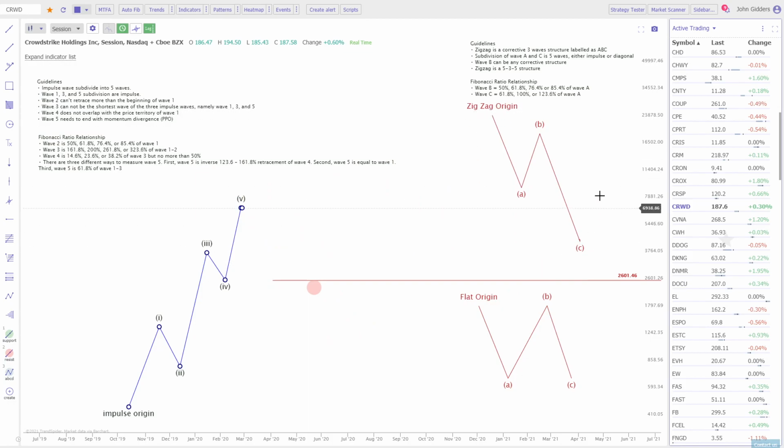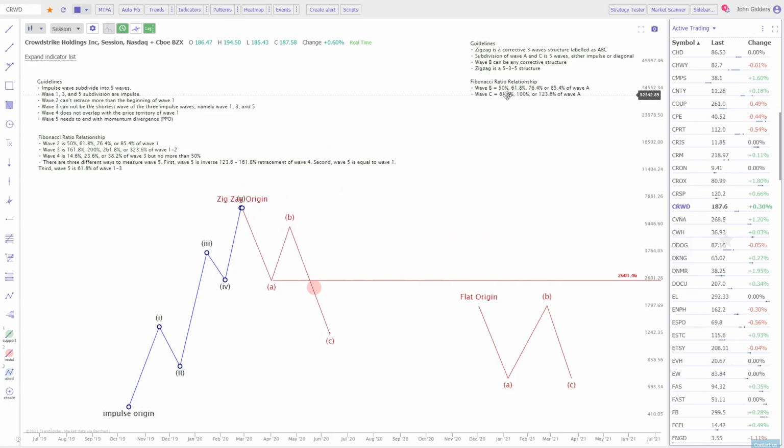Once you have this zigzag, just like we had the Fibonacci extensions and retracements to help with price projections within the impulse, you have that same rule, the Fibonacci ratio relationship, while you're within a zigzag or a flat. And the rules for the zigzag are pretty simple here.